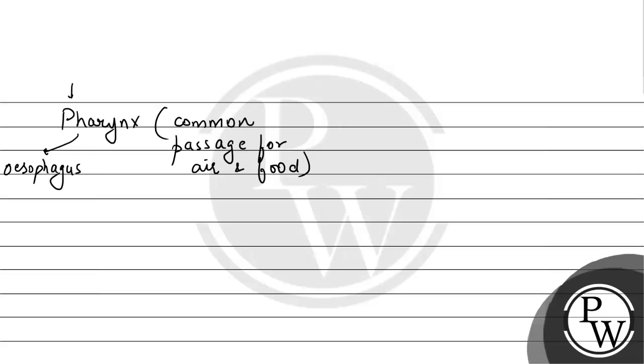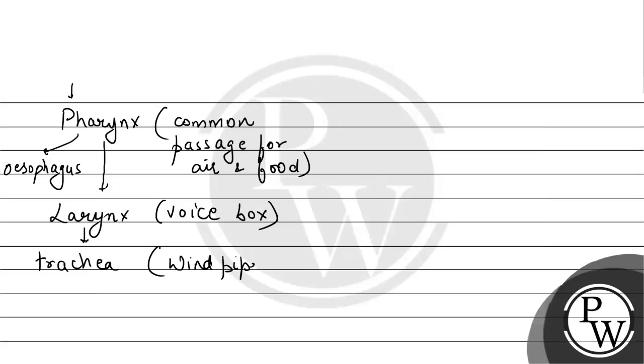Here we will not consider that, because we are considering the respiratory tree. After the pharynx, it continues into the larynx, that is the voice box. The larynx also continues into the trachea, that is the windpipe, or air pipe. Now this trachea divides into various branches.